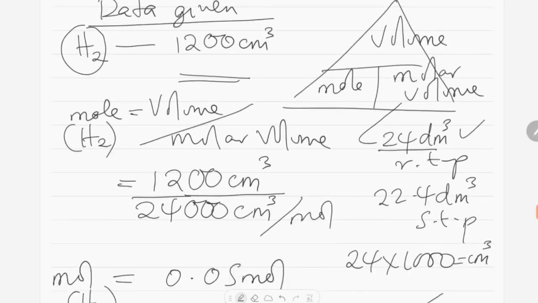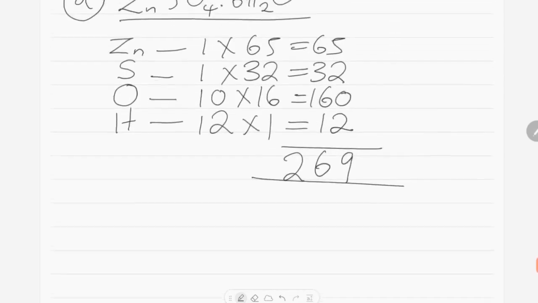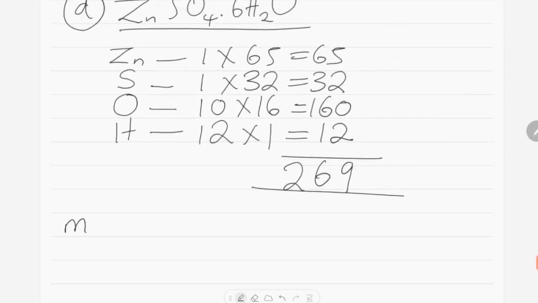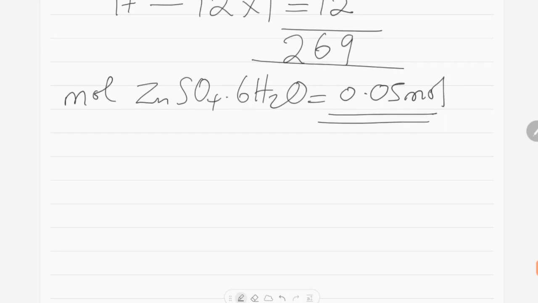So we're still going to use 0.05. So the mole of zinc sulfate crystals is also equal to 0.05 mole, because the mole ratio of the reacting species is the same.